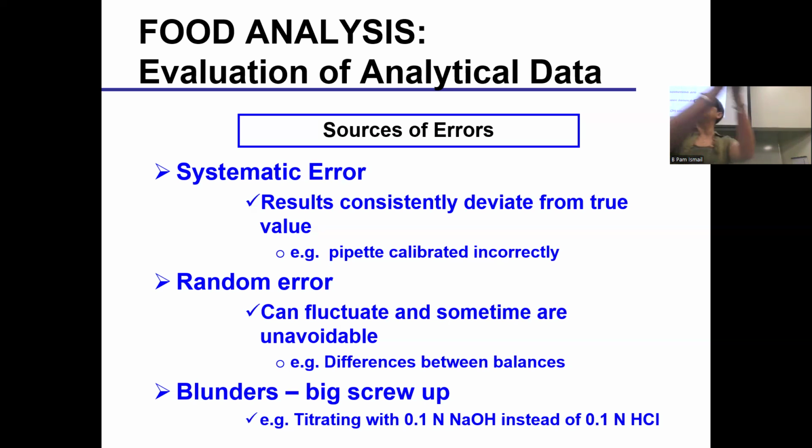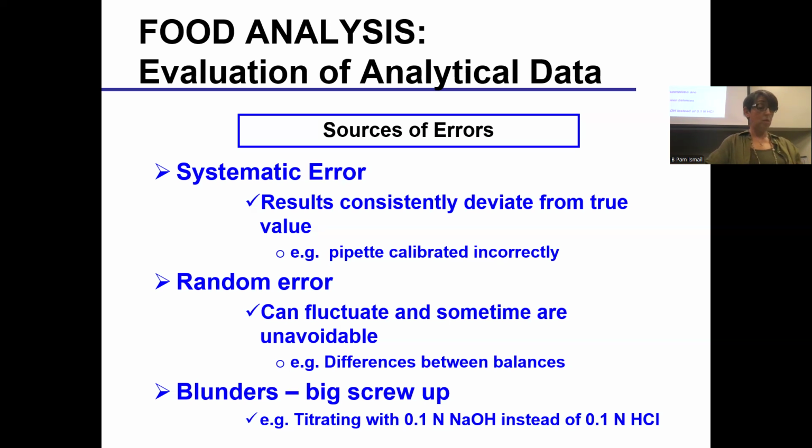If you use a different balance, you're going to introduce random error. We always tell you, use the same balance when you weigh the sample, and then when you come the next day to weigh it after drying, use the same balance. If you use a different balance, you're introducing a random error, because every balance has its own random error associated with it.